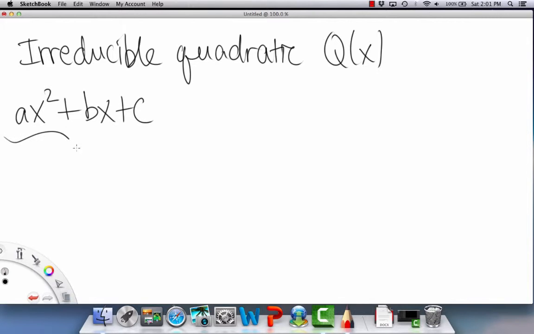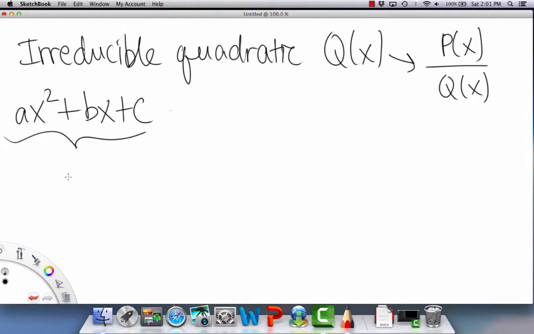When you can't reduce this to anything smaller, it's called an irreducible quadratic q of x. And q of x, as we remember, is on the bottom, while p of x is on top.